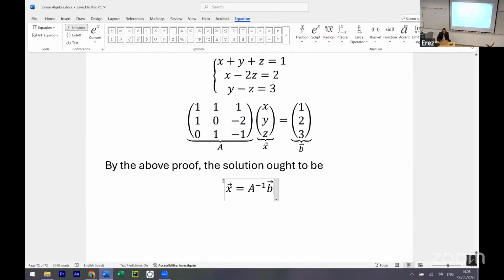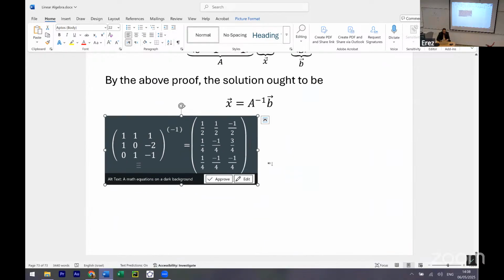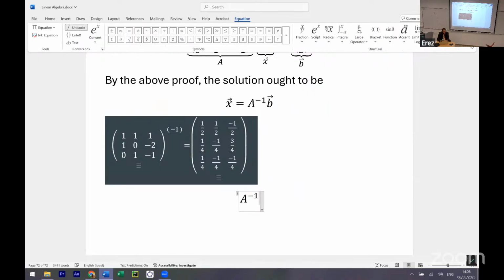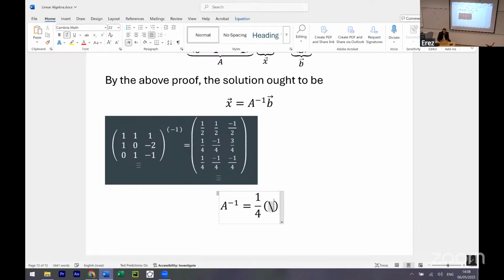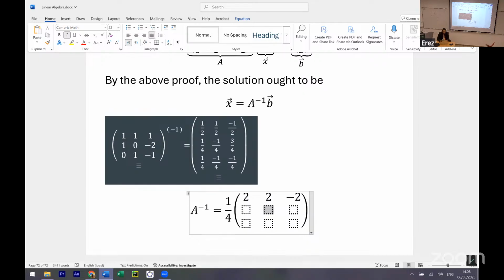I can write it in an integer fashion in the following way. A minus 1, the inverse, is a quarter of, just make sure not to make a mistake: 2, 2, minus 2, 1, minus 1, 3, 1, minus 1, minus 1.